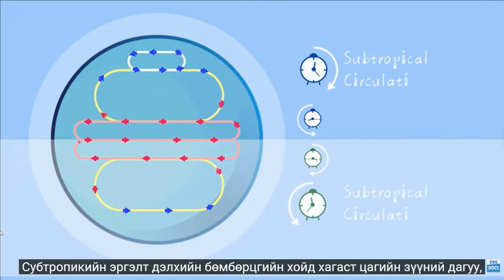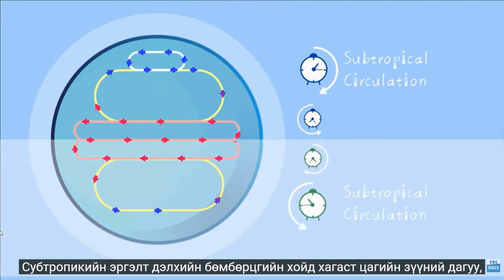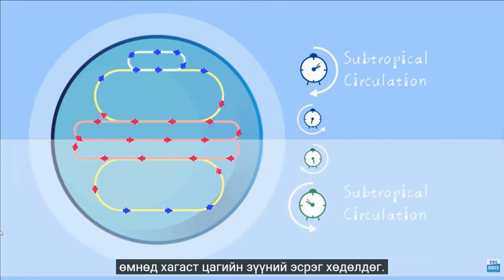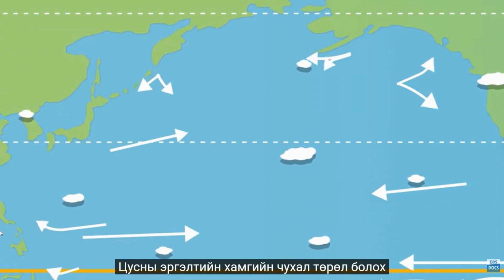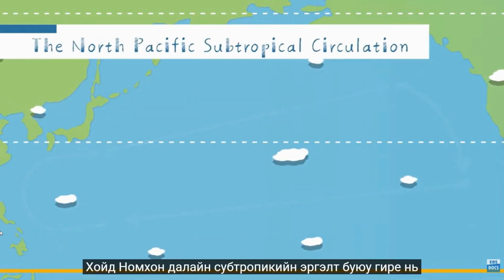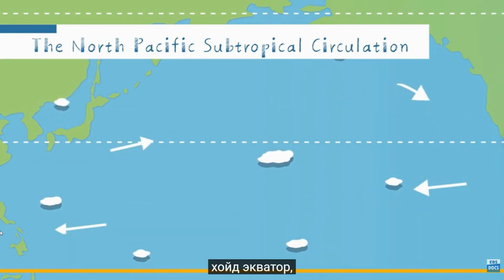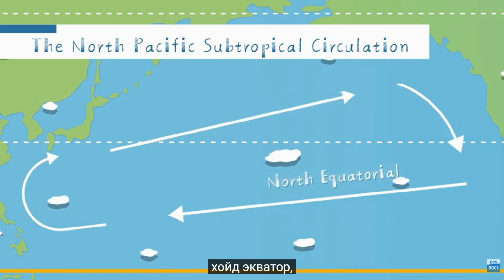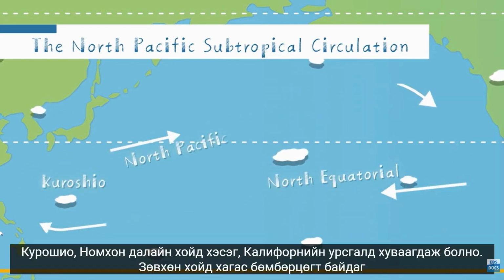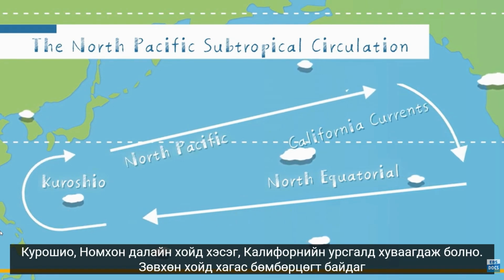Subtropical circulation moves clockwise in the northern hemisphere and counterclockwise in the southern hemisphere. The most important type of circulation, the North Pacific Subtropical Circulation, or gyre, can further be divided into the North Equatorial, Kuroshio, North Pacific, and California currents.